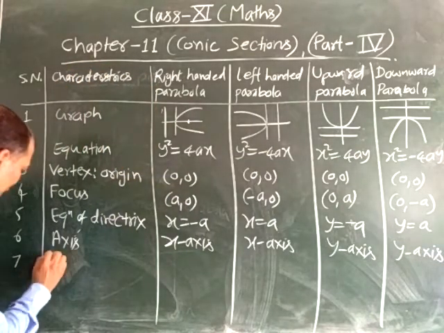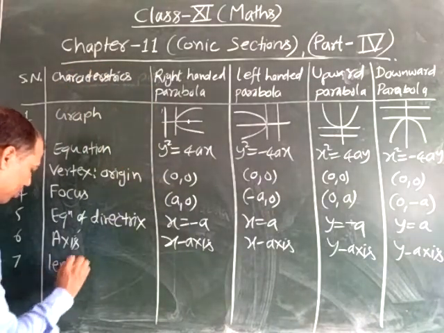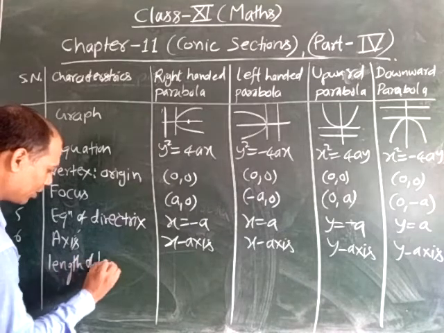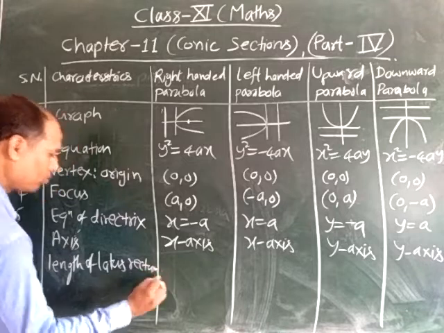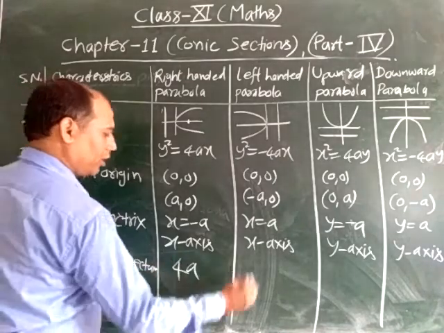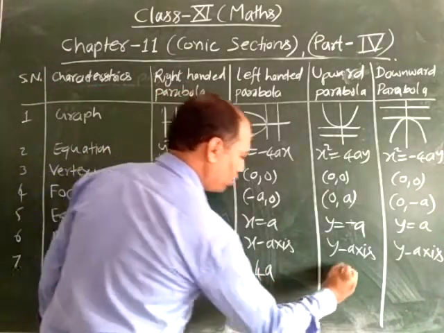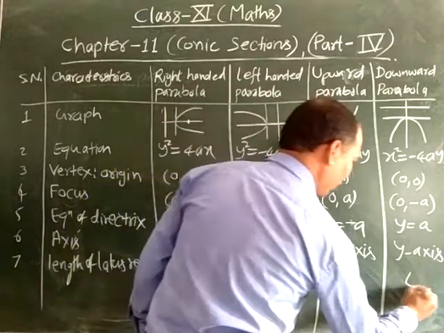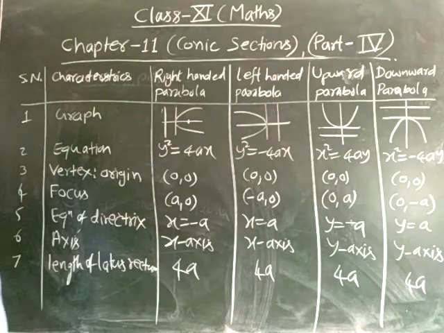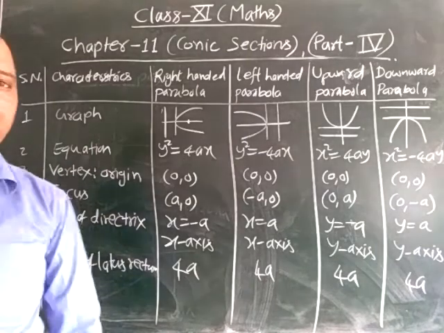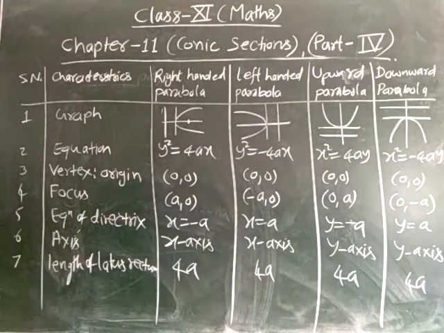And last one is length of latus rectum. This is equal to 4a, and for this it is also 4a, 4a and 4a. It is clear, students? Now we are going to discuss some problems based on these four forms of the parabola.